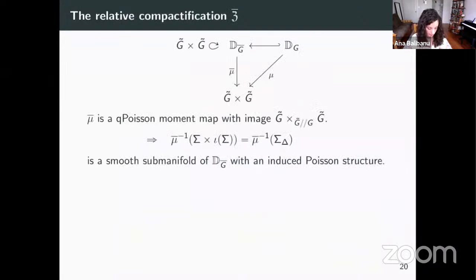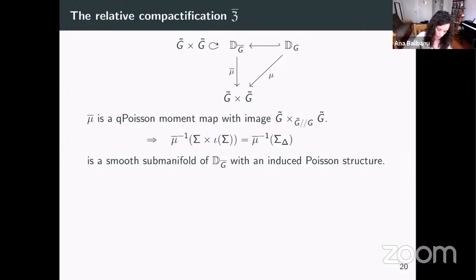Okay, so now we want to construct this partial compactification of the universal centralizer using the theorem from the beginning of the talk about preimages of Steinberg slices. So the picture is basically the same.